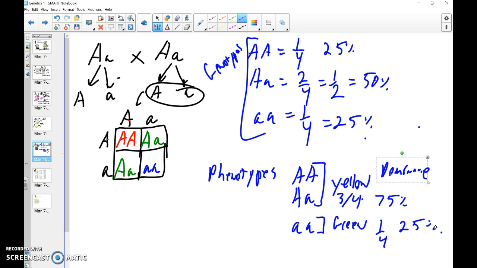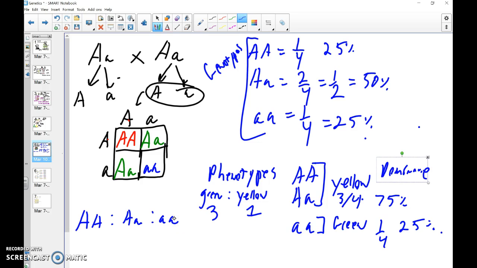Another way to look at this is 1, 2, 3. So if I was going to look at the yellow in relation to the green, for every 3 yellow seeded plants, I have 1 green seeded plant. If I was going to look at the genotypes, for every big A big A, I have so many big A, little a's, and so many little a's.